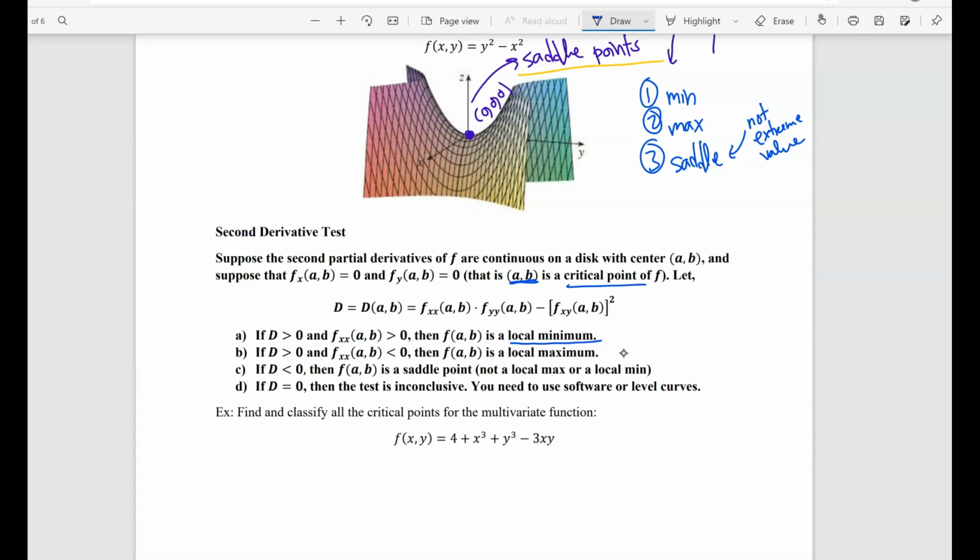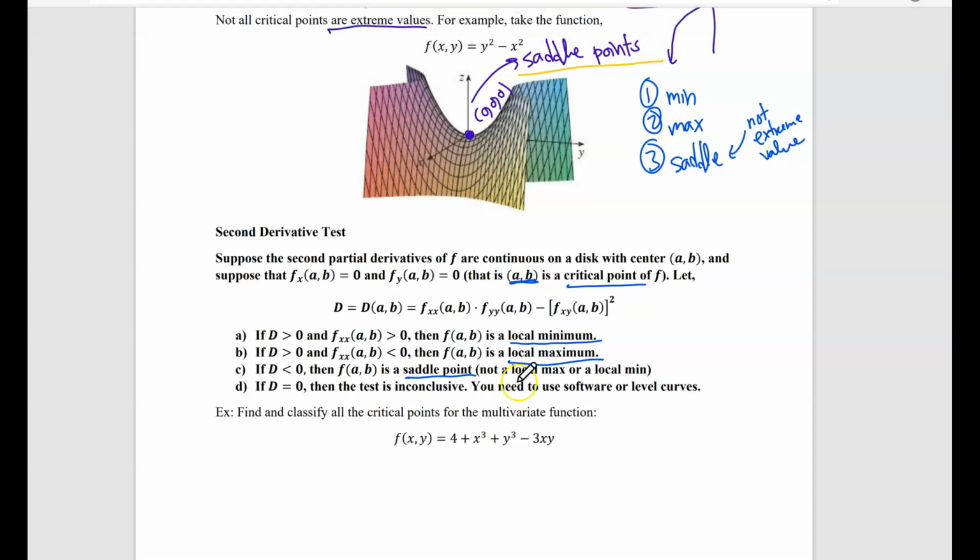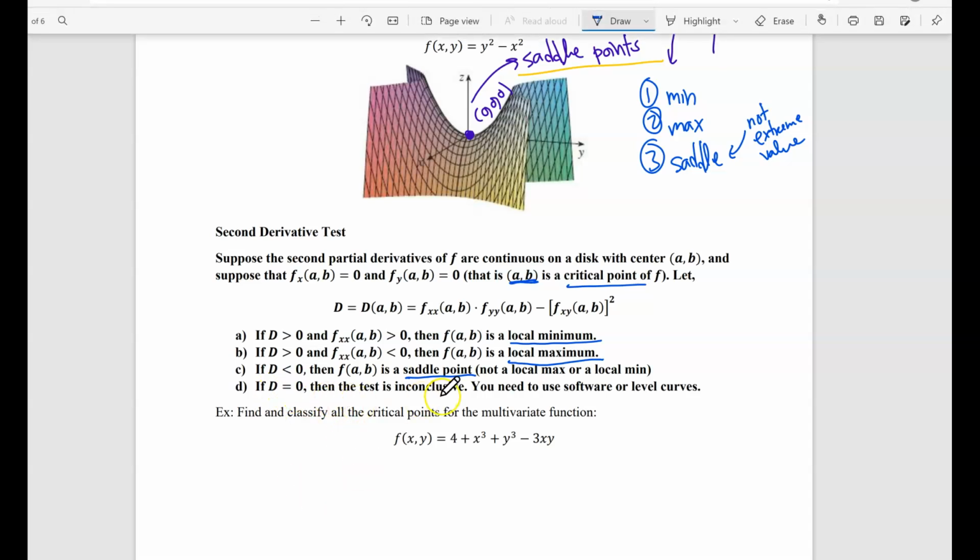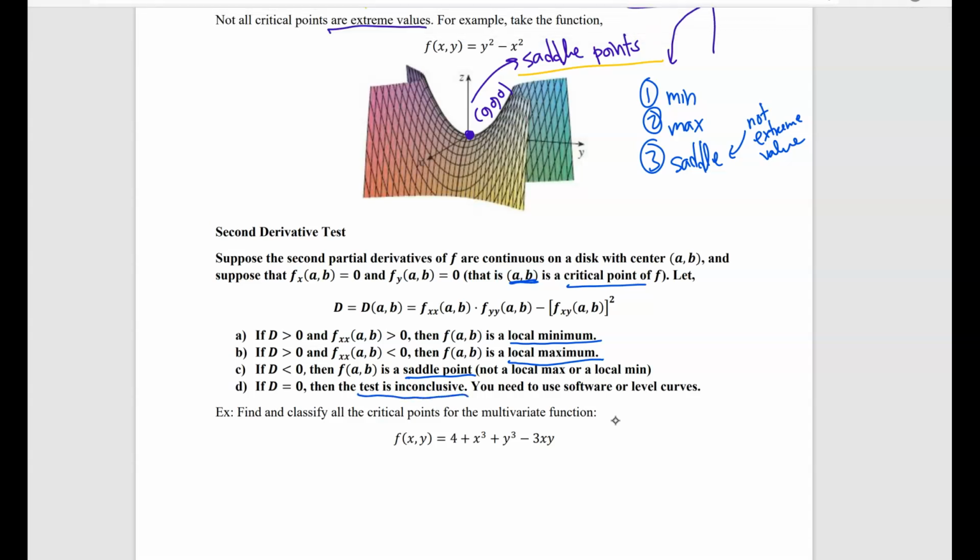If D is positive and the second derivative with respect to x is negative, then f(a, b) is a local maximum. And if D is negative, regardless of what the second derivative with respect to x is, it's going to be a saddle point. The only thing is that if D is equal to 0, the test is inconclusive, so we have to do something else. We might have to use technology or the level curves to try to figure out what's happening.